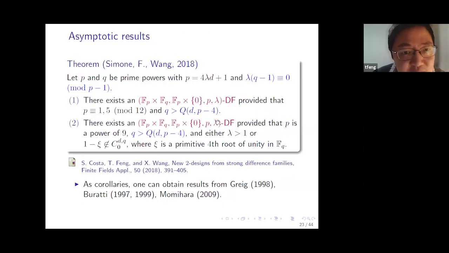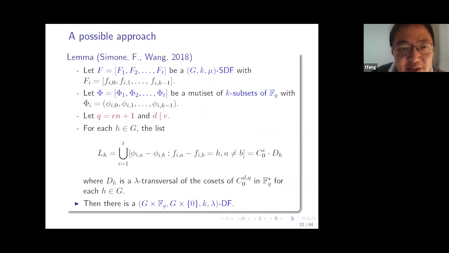And this result is an asymptotic result. Of course, we can also ask whether we can get some concrete examples. Yes, it can work. We just need to take some specific strong difference families and some specific numbers q, and if they satisfy this condition, then we can get some concrete examples.